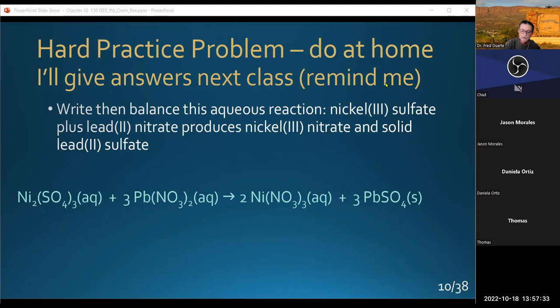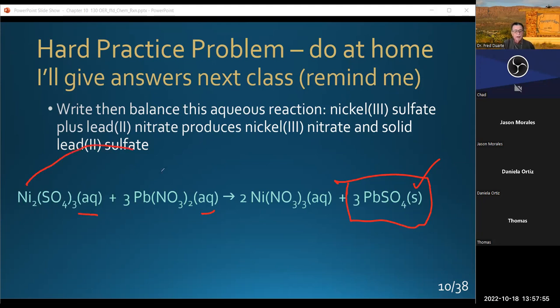Now, double displacement reaction, okay? In order for this to be a positive reaction, one of the new products is insoluble in this aqueous solution. Notice both the reactants are soluble. What they've done is just exchange partners.